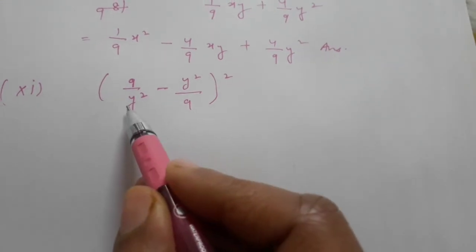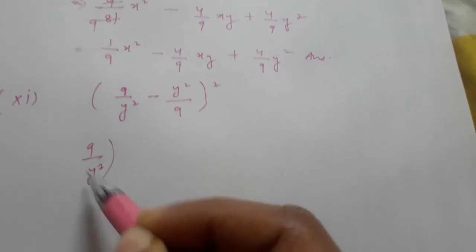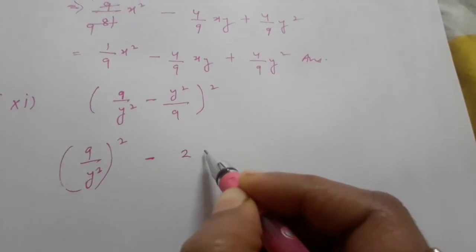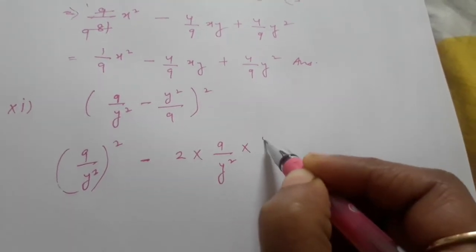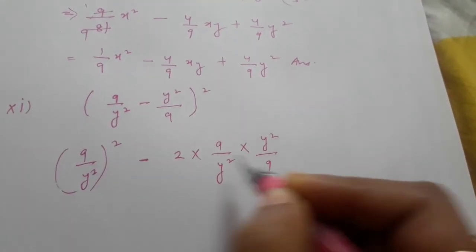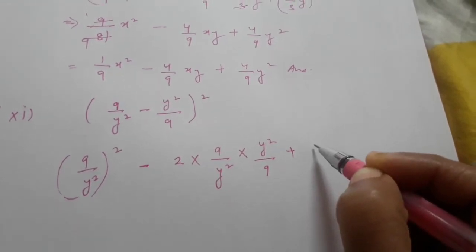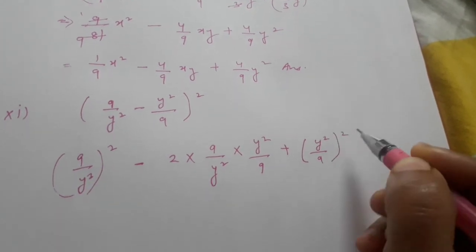So here a is 9/y², (9/y²)², a², minus 2 into 9/y² into y²/9, 2 into a into b, plus b², that is (y²/9)².